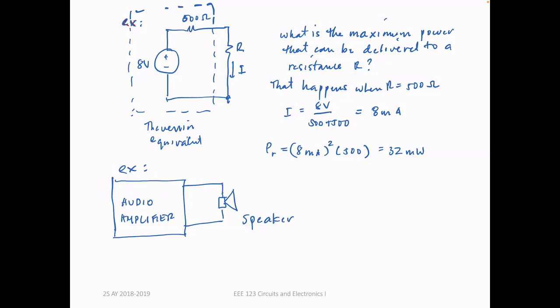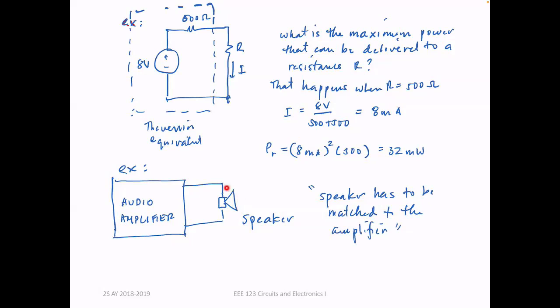Okay, so you say the speaker has to be matched to the amplifier. Kung yung speaker mo is an 8 ohm speaker, then dapat yung audio amplifier mo has a Thevenin resistance of 8 ohms.